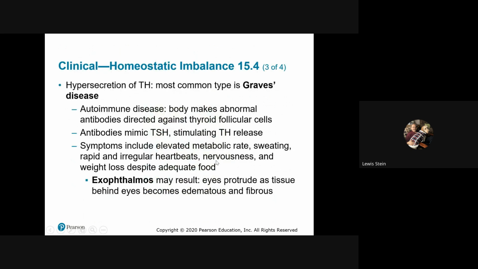You can see this is a very interesting one. It's an autoimmune disease, and it causes fluid to build up behind the eyes, so you get what's called an exophthalmic goiter. It's not really a goiter in the classic sense, but the eyes protrude. Antibodies mimic thyroid stimulating hormone, and so they continue to stimulate the thyroid, going against the follicular cells.